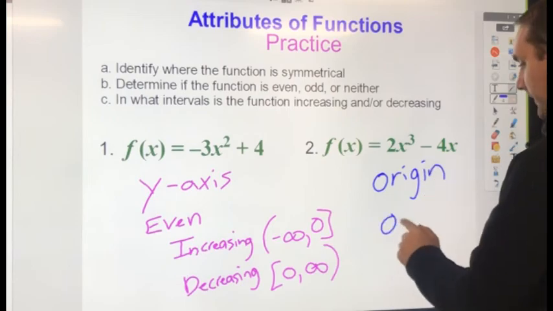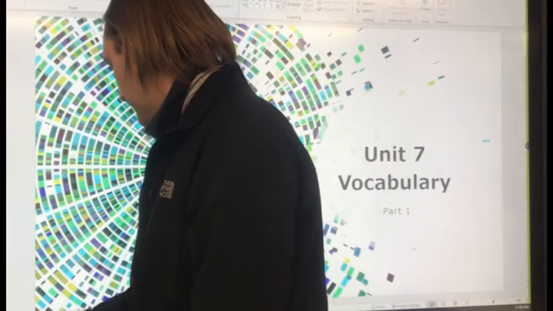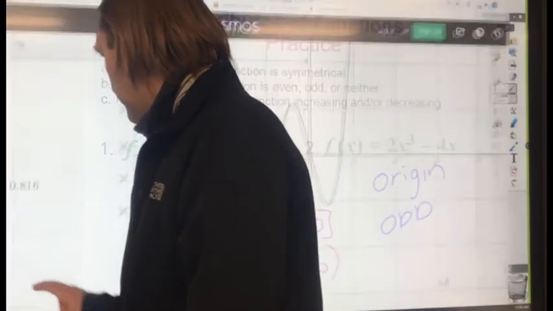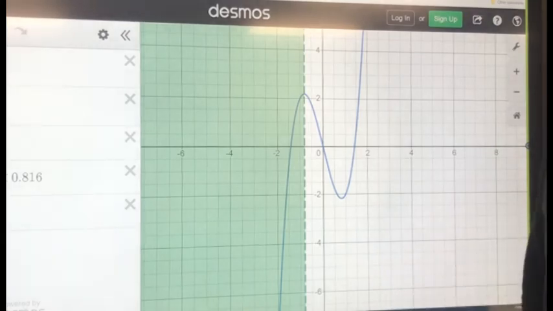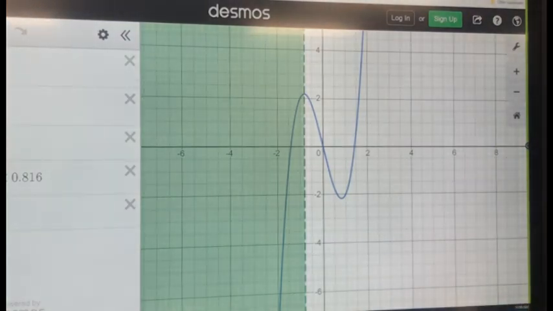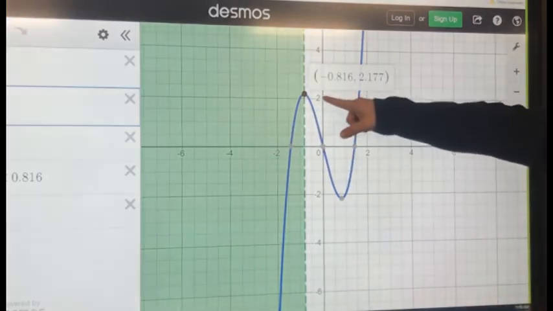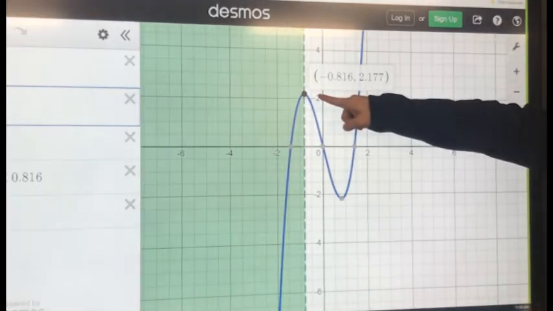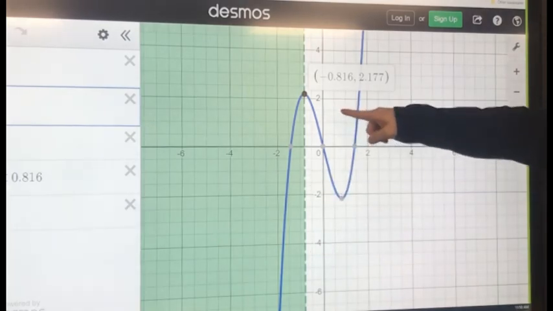It's odd. And now let's look at our intervals. How many turning points do I have here on this graph? 2. From negative infinity to this point right here, my graph is doing what? Increasing.